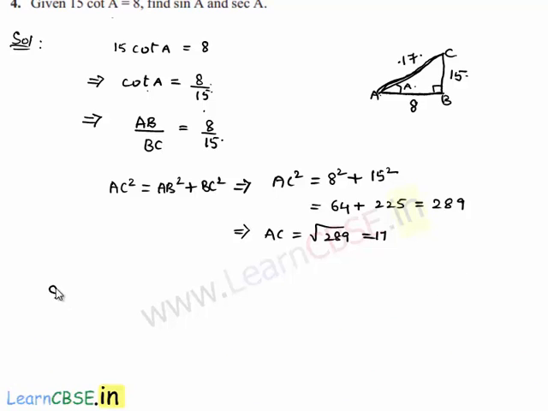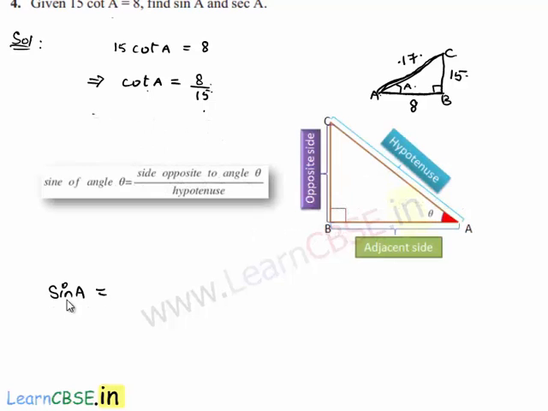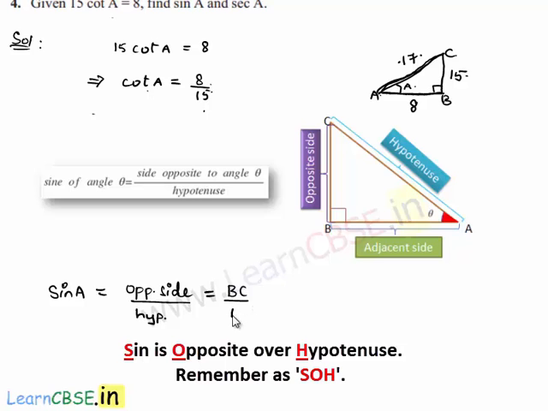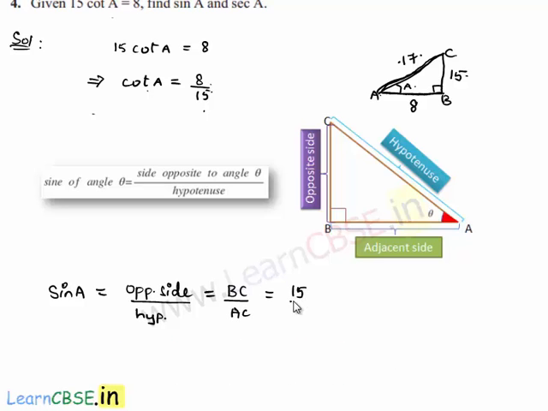Firstly, he asked us to find the value of sine A. We know that sine of an angle is equal to opposite side by hypotenuse. Here the opposite side of angle A is BC and the hypotenuse is AC, which is equal to BC is 15 and AC is 17.